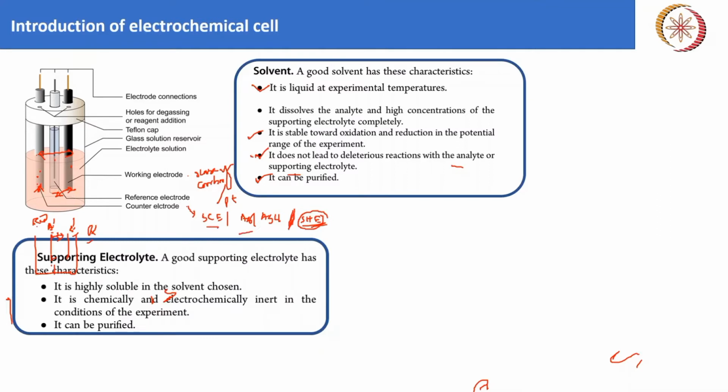So basically saturated calomel electrode or Ag/AgCl or non-aqueous Ag/Ag+ electrode people use for their experiment. And the counter electrode is basically a carbon electrode or platinum wire that people use in their experiments. So this is the experimental setup of your experiment.